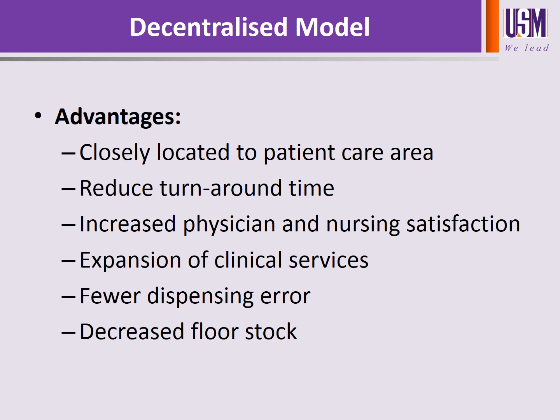The advantages of a decentralized model compared to the centralized model include reduced turnaround time, increased physician and nursing satisfaction, expansion of clinical services, fewer dispensing errors, and decreased floor stock.